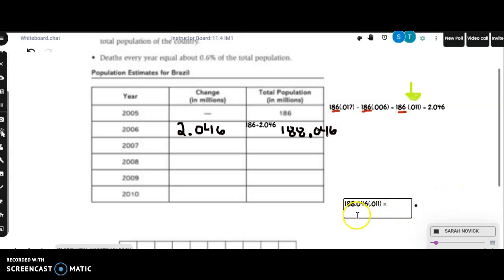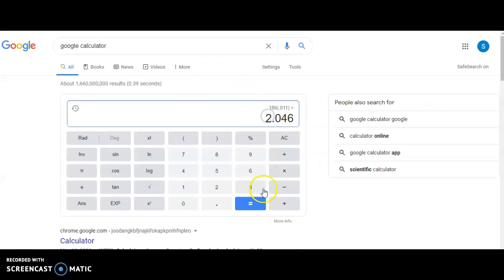So 188.046 times 0.011. Did I just say 186? I said the wrong thing. That gives 2.069.